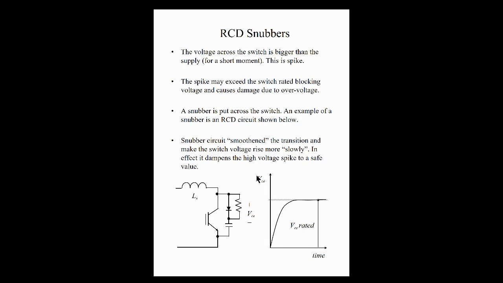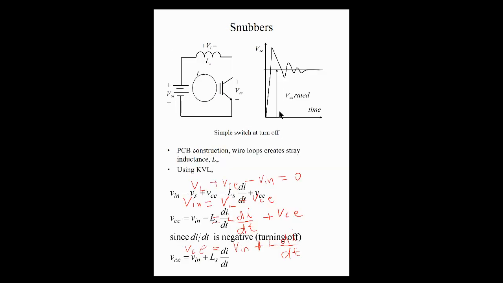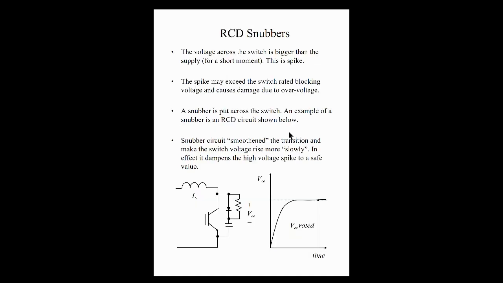All right, so when this snubber is introduced, if you recall earlier on, without the snubber, we have these oscillations, right? The high spike and then the gradual steady state. With the snubber, as you can see here, it's a smoother transition.